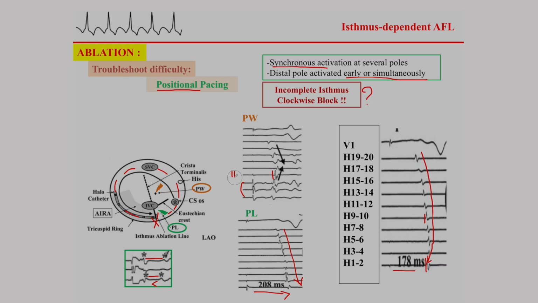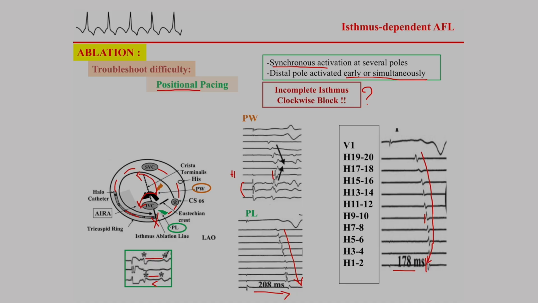So we will see an early activation of the distal part, while the proximal part is activated later, and also we have another activation from here. So this is a characteristic of what is called a posterior conduction through the inferior crista terminalis.